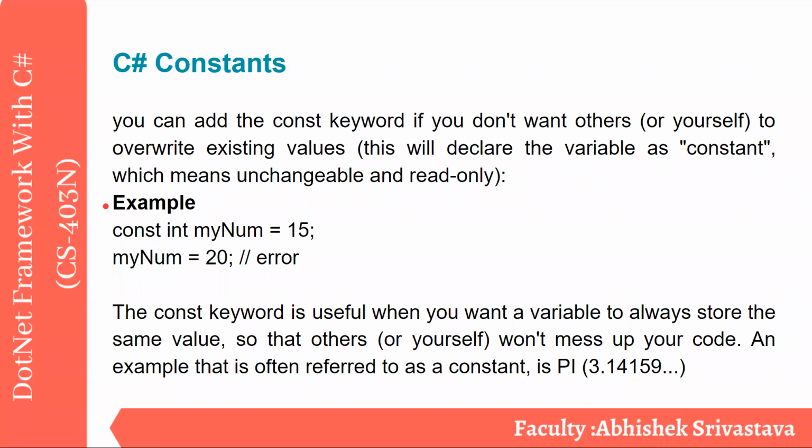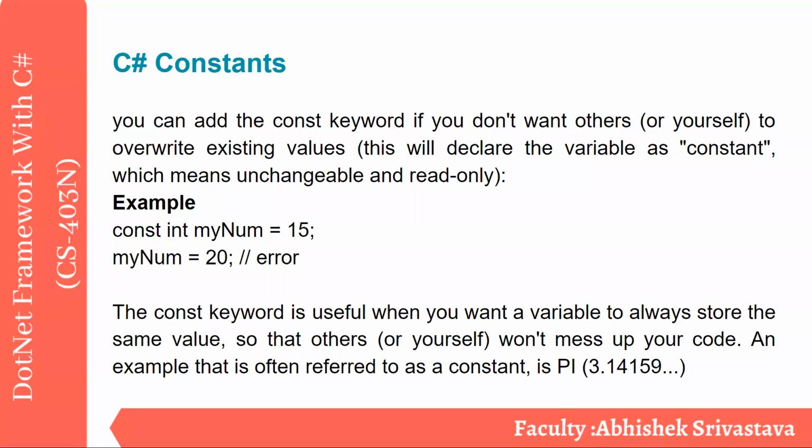Now, what are constants? You can add the const keyword if you don't want others or yourself to override the existing value. A variable, as the name says, varies, meaning throughout the program your value is going to vary.